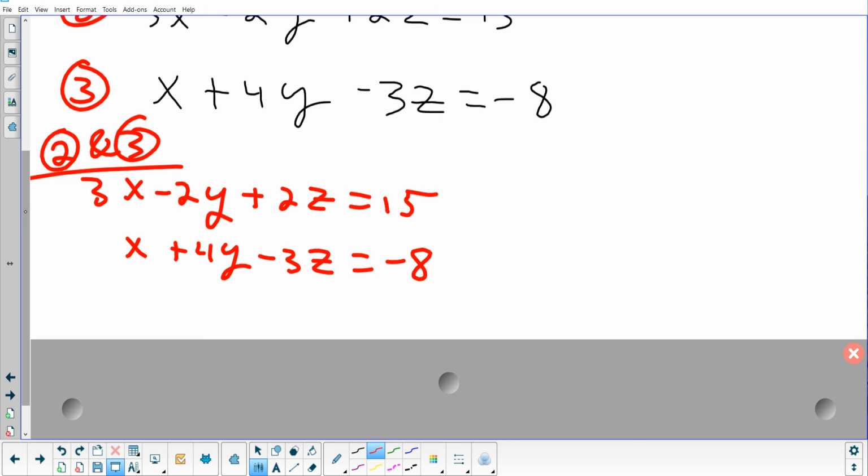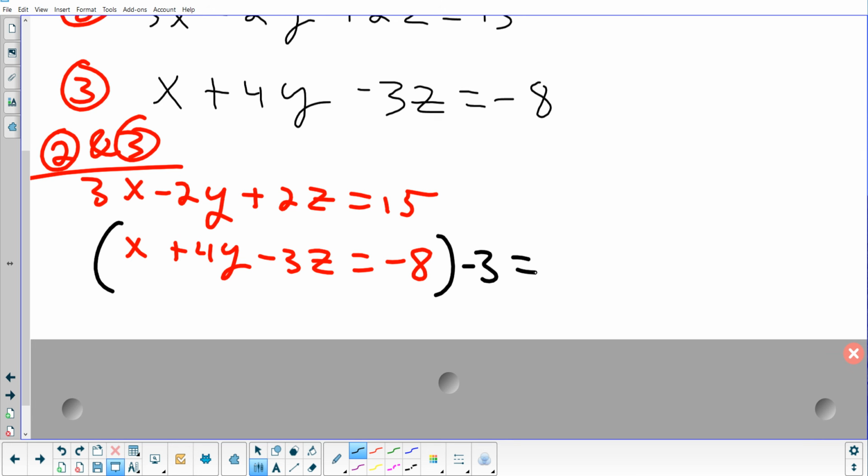What could I multiply this bottom equation by to make my x's cancel out? Yep. Negative 3. Okay, so let's do that.